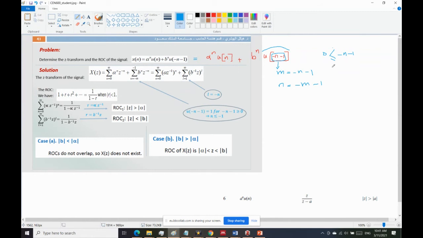I see. So if we replace that by m, this becomes b to the power of minus m minus 1 times u[m].